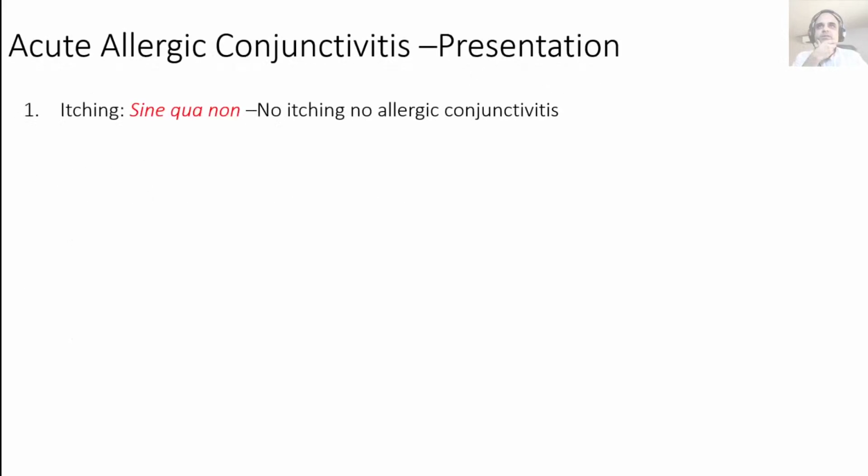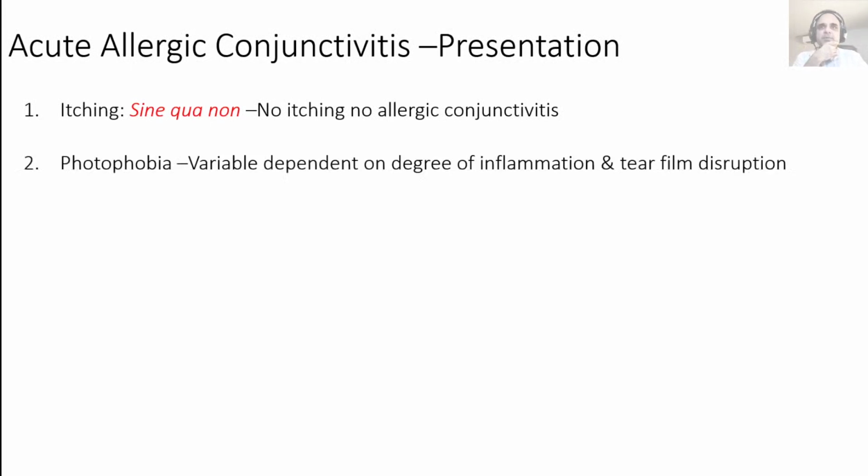So how do these patients present? Itching is, as we talked about, a sine qua non. No itching, no allergies. And itching is basically because of release of histamine. Photophobia is because of disruption of tear film and inflammation of the conjunctiva. Remember, conjunctiva produces mucus, which is a component of your tear film.